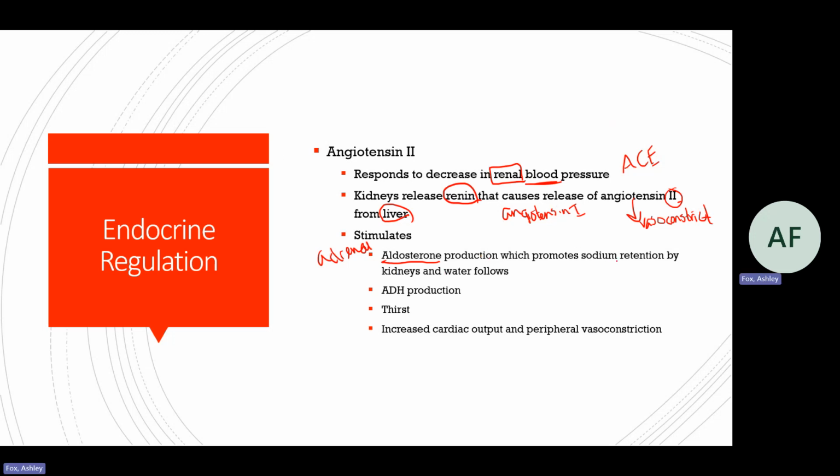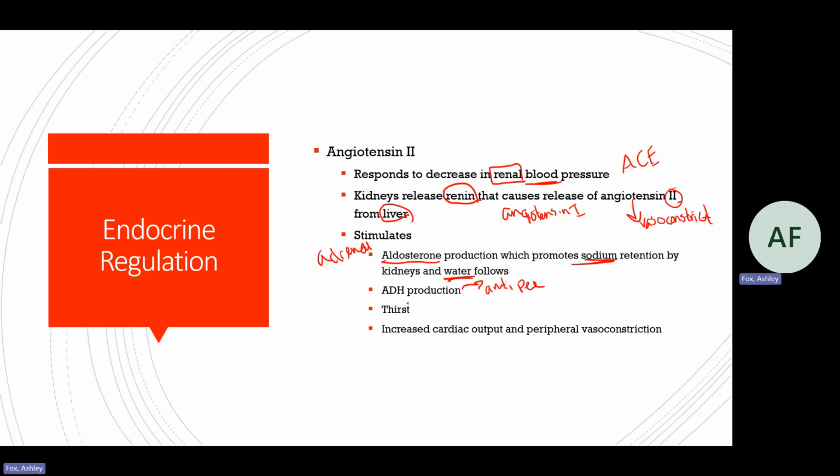Aldosterone promotes sodium retention, meaning you keep your salt. Wherever sodium goes, water chases after it. So if you're keeping your sodium, you're keeping your water. It also helps with the anti-P, antidiuretic effect, so also helping keep your water.